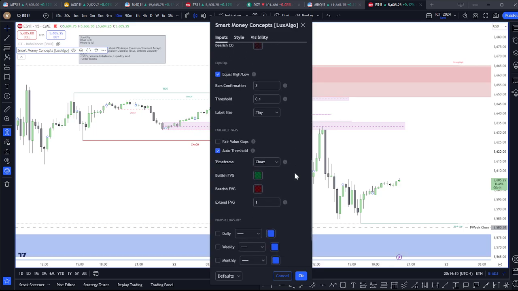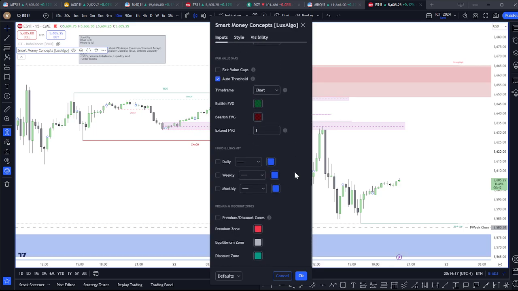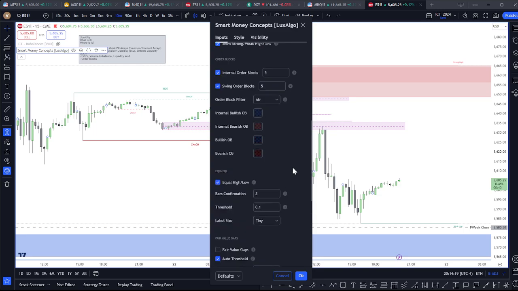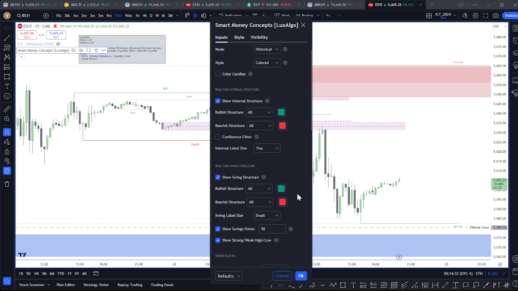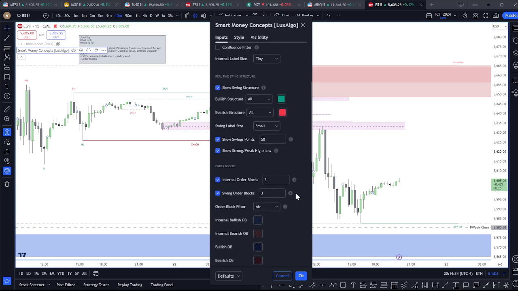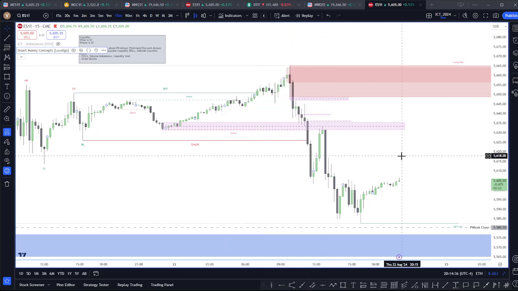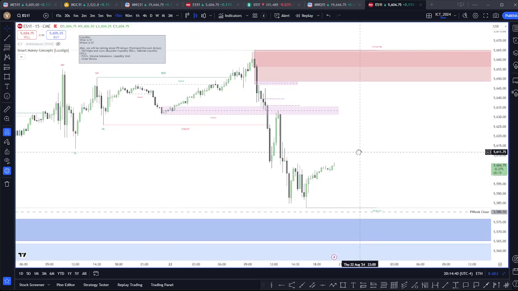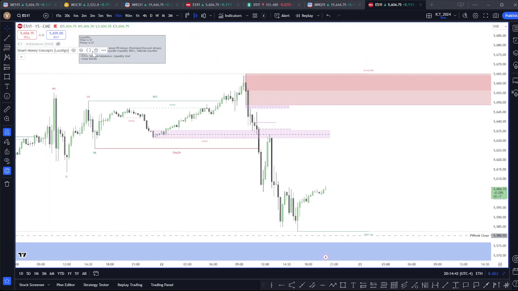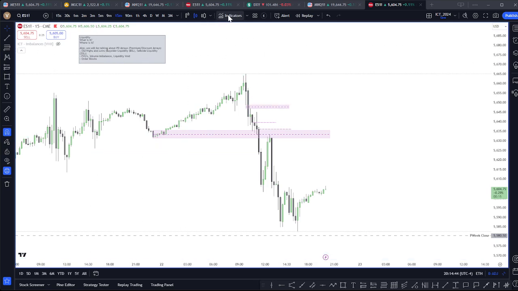Just trying to see if it will give me the information that you're looking for. No, this indicator is not giving me the information. Let me try one more, I will tell you.